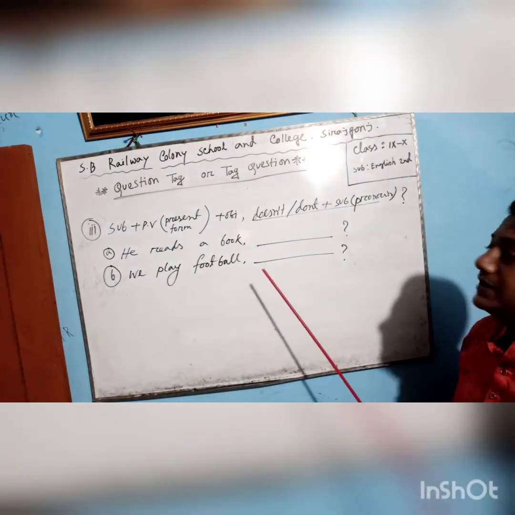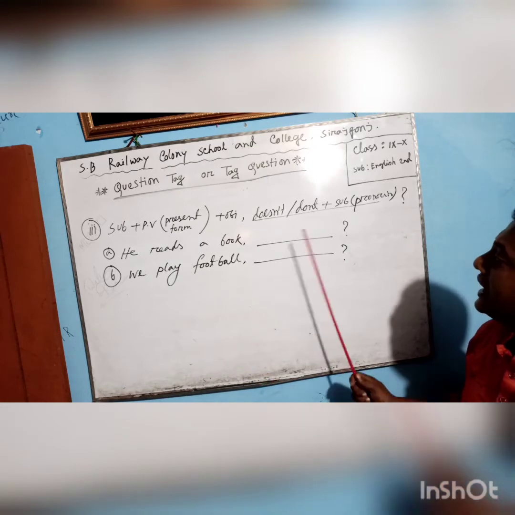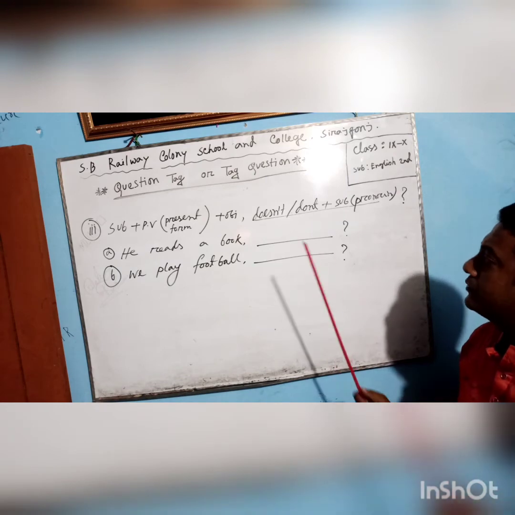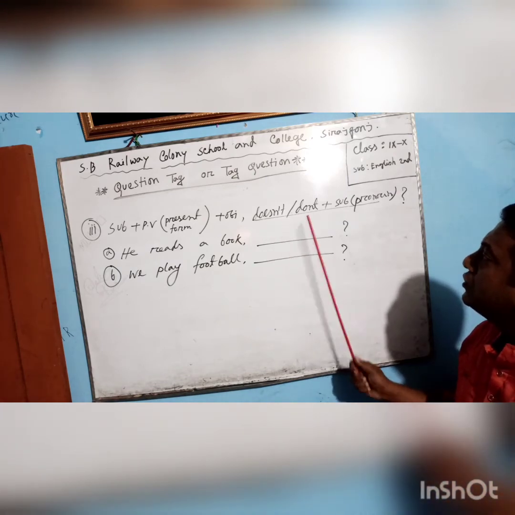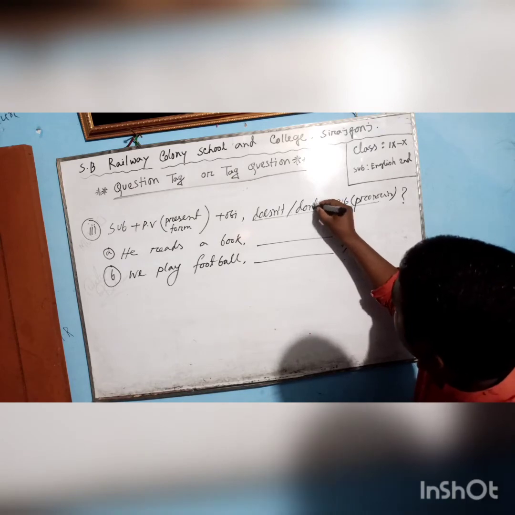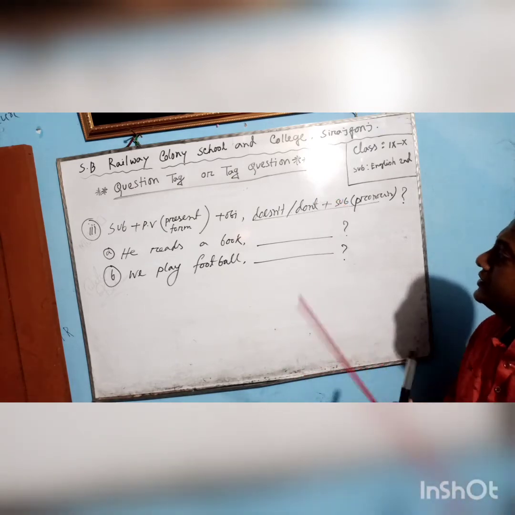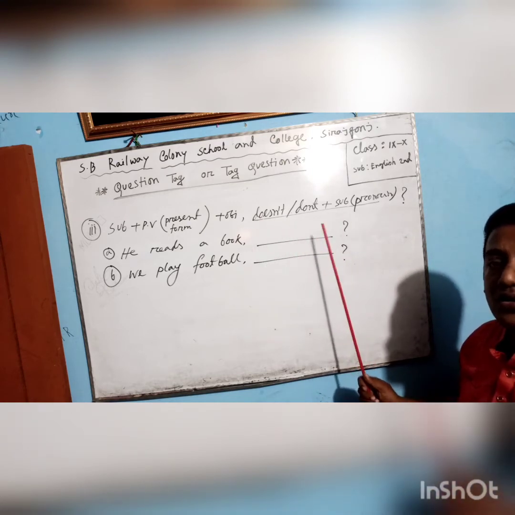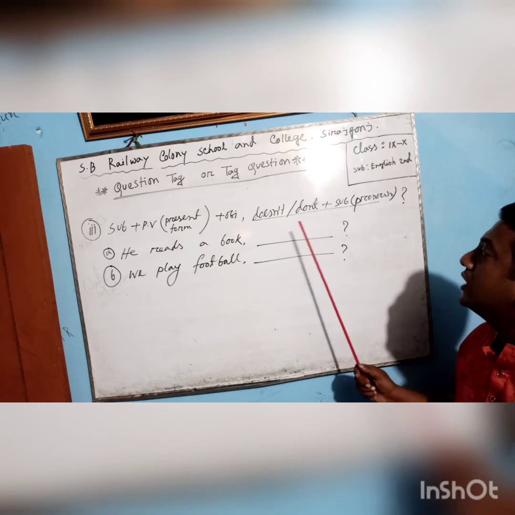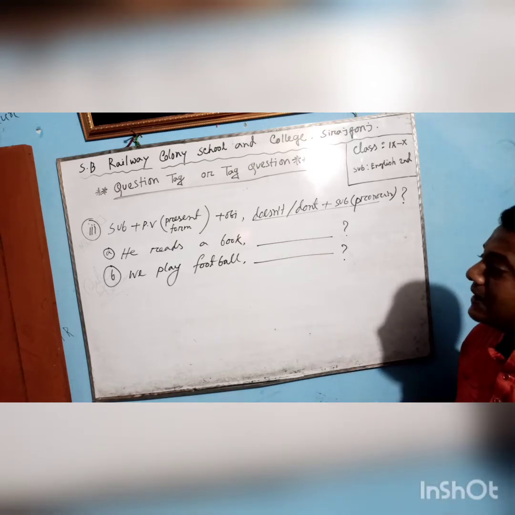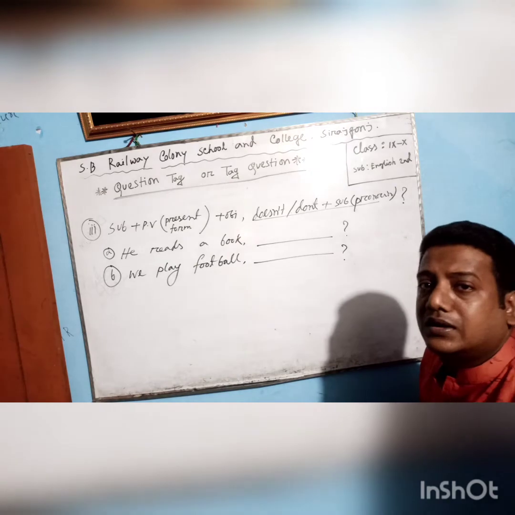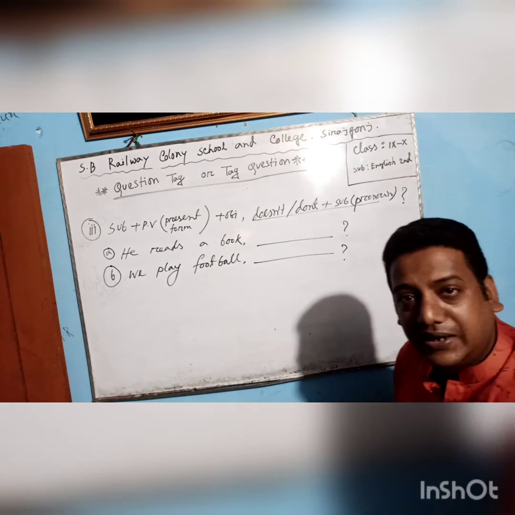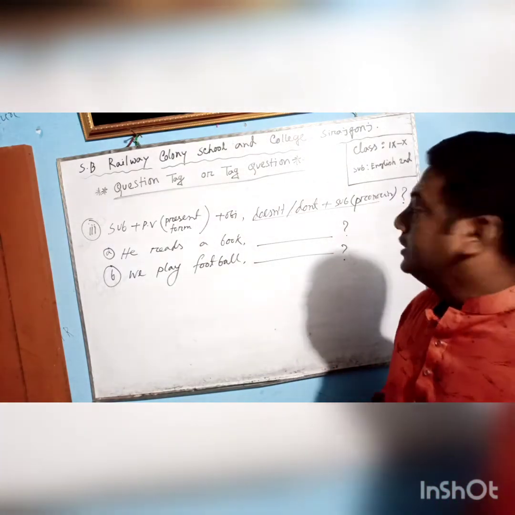You can see that I use two helping verbs with negative forms: doesn't and don't. This is the shortened form of does not and do not. When do we use does not and when do not? If our subject is third person singular number, that means he, she, it, we use doesn't.